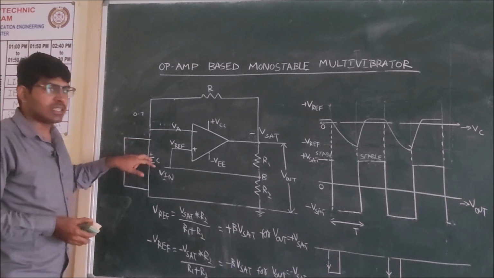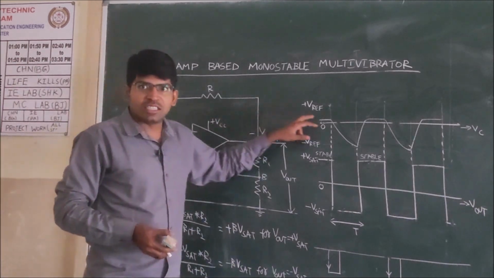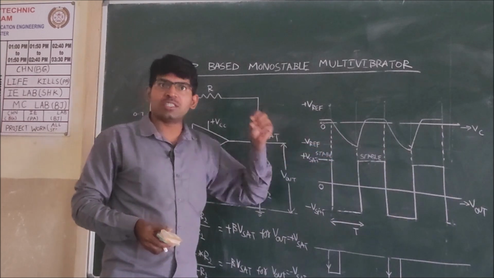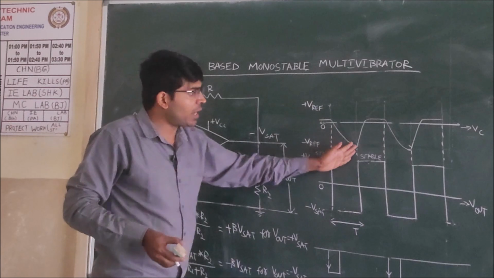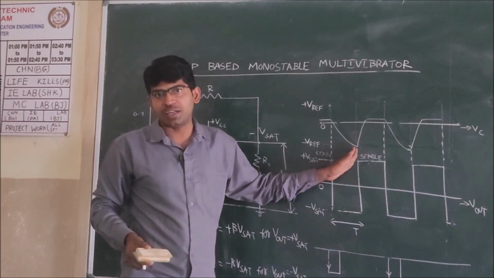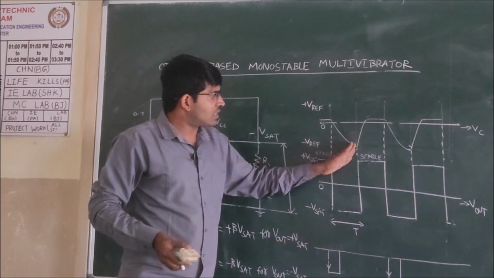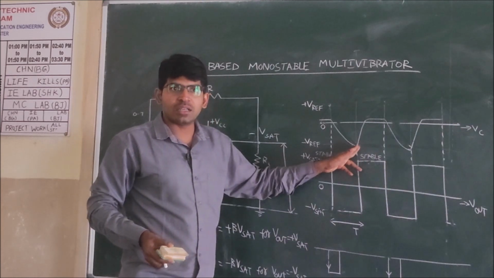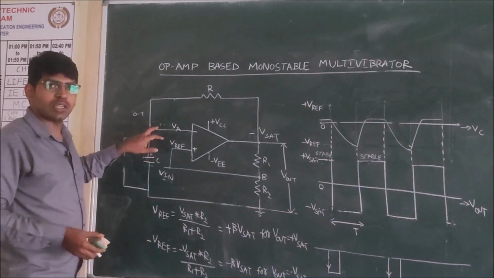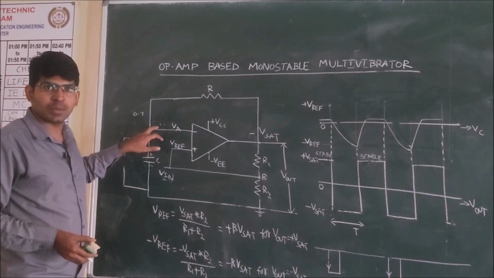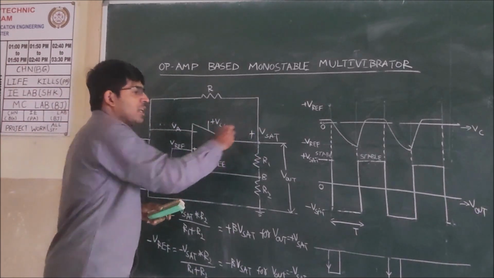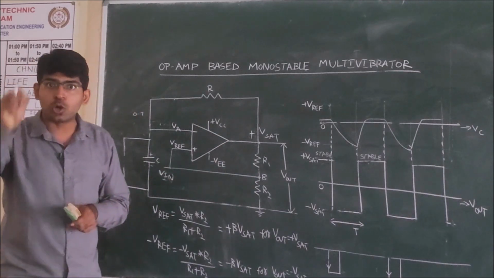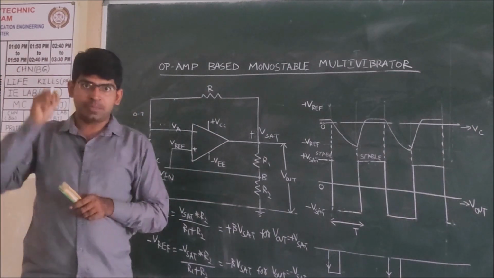Then the capacitor will discharge its 0.7 volts and then start charging again toward negative Vsat. When it charges up to the negative reference voltage, minus V reference, its state will switch from minus Vsat to plus Vsat automatically without giving any triggering pulse.